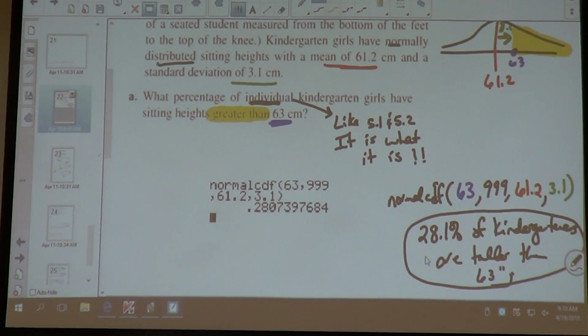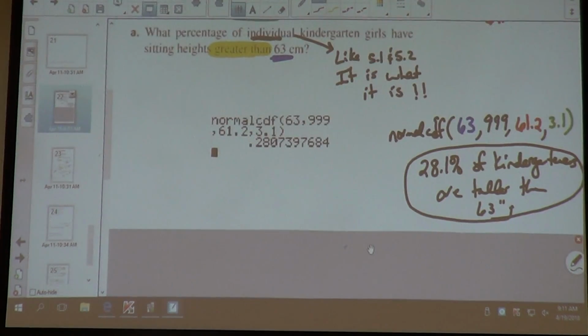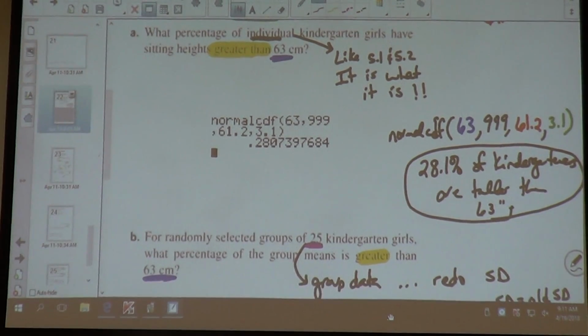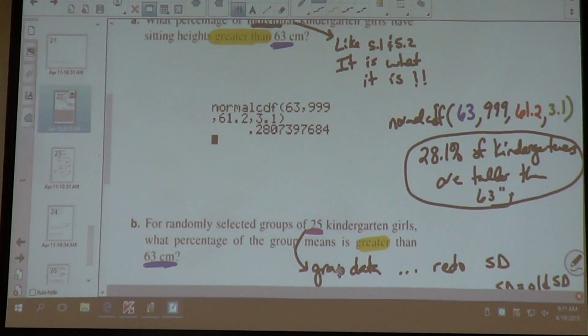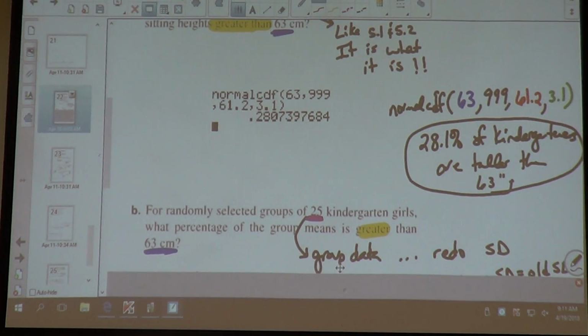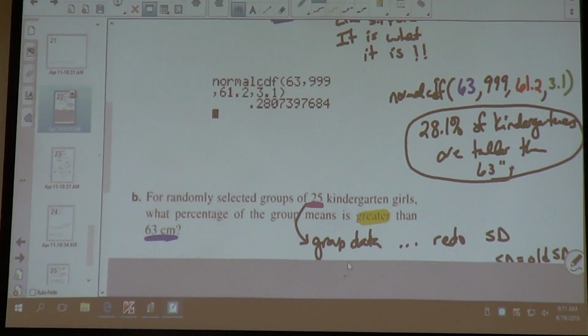We good? Now, here's the new part. From a randomly selected group of 25 kindergartner girls. When it says a group, that means we're taking a picture of a bunch of people, so we have to redo the standard deviation.